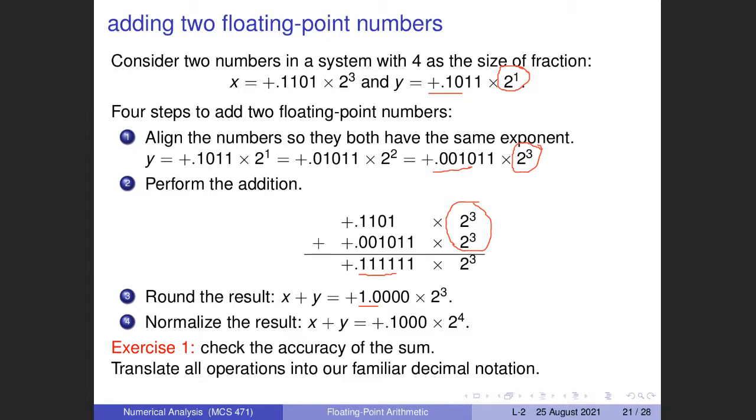We're going to add this 1, and the 1 actually flips all the ones to 0, and then pops before the dot. And this is still an exact result that then gets normalized. So the normalization means that the exponent is raised.